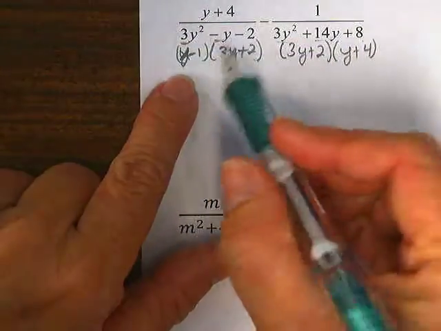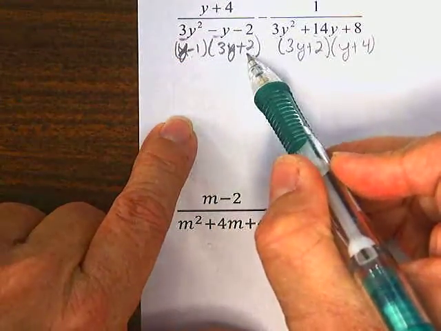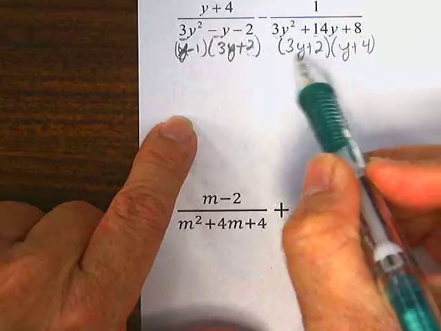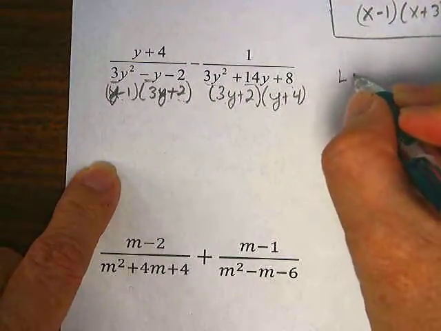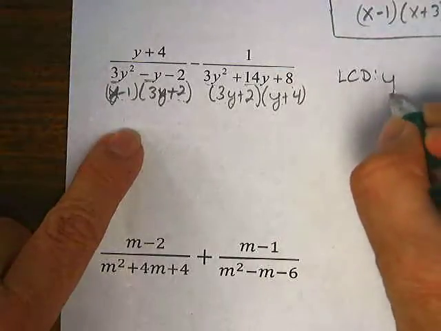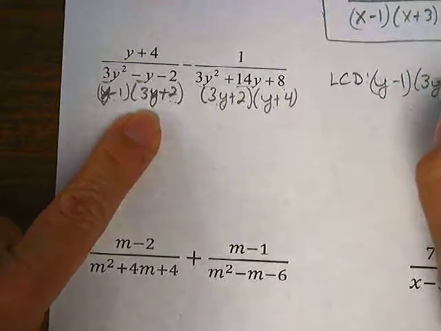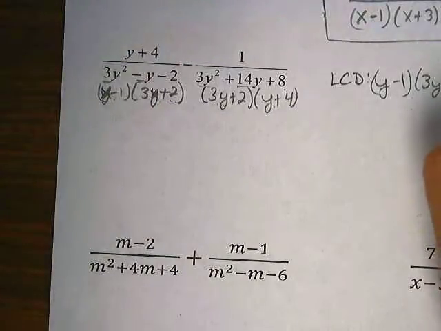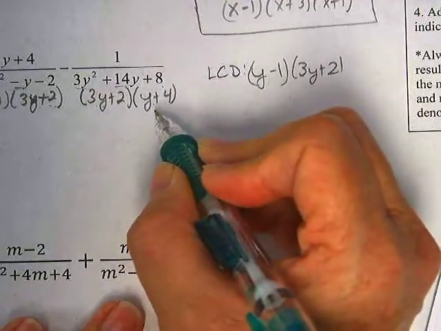Okay, so now our denominator needs to have a y minus 1, a 3y plus 2. Look, that repeats. And a y plus 4. So my lowest common denominator is y minus 1 multiplied by 3y plus 2 multiplied by anything unique in the second one that we don't already have.